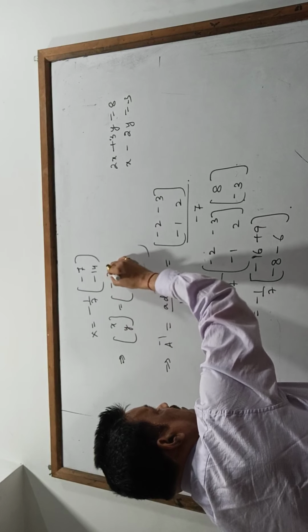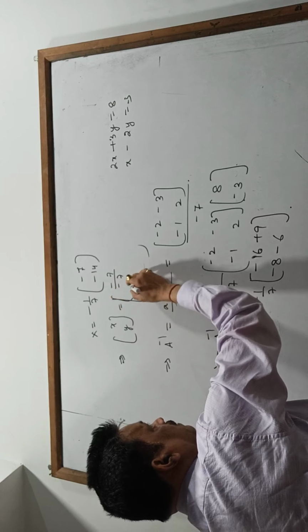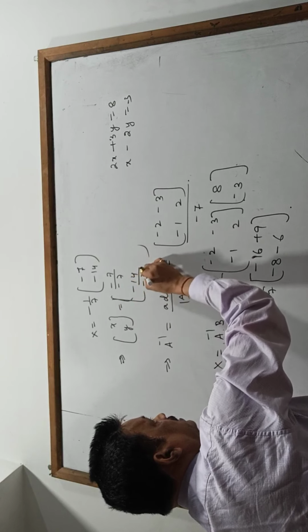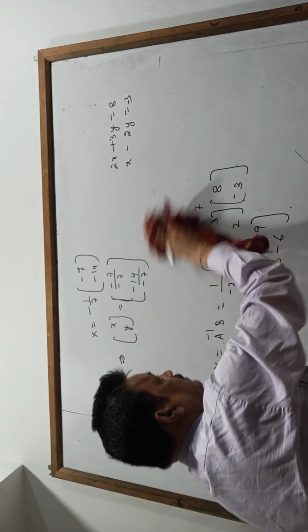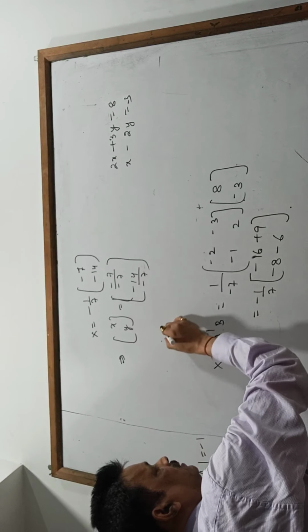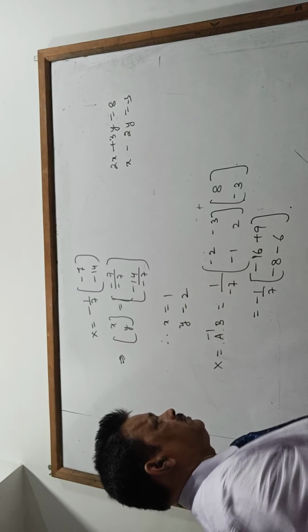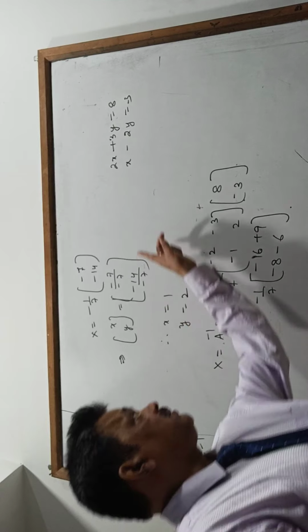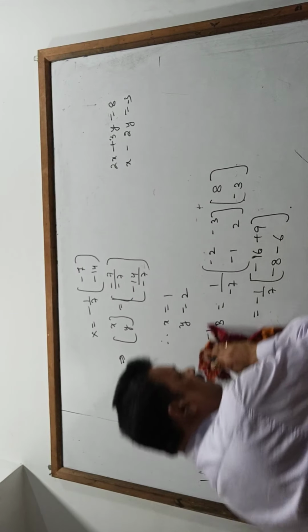So minus 7 by minus 7 and minus 14 by minus 7. So the value of x is 1, the value of y is 2. Okay, this was a case when the determinant was not 0. Now let's take one more example.